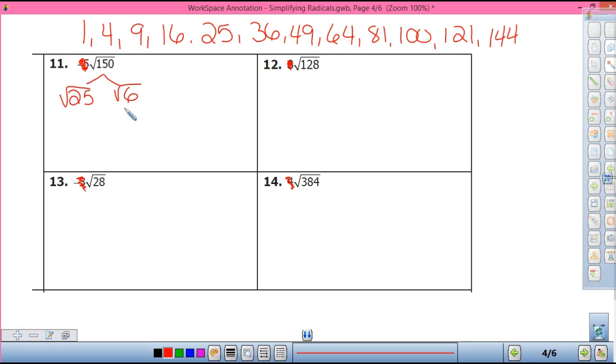What's the square root of 25? So 5 root 6. Okay.